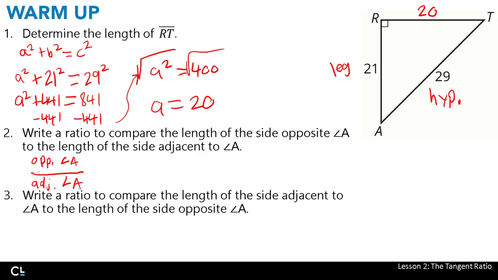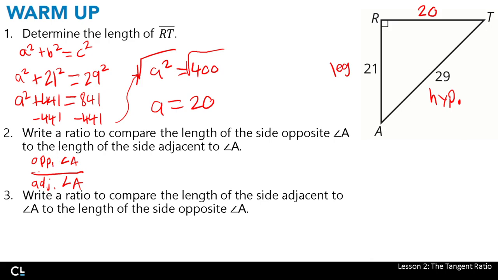Ratios could be written in different ways. Sometimes you'll see them written as a fraction. Sometimes you'll see them written like time, with the two little dots in the middle. There'll be a number, the two little dots, and then another number. That's also a ratio. But most commonly, for this lesson and the next couple lessons, we're going to see it as fractions. If it asks you to write a ratio, think, hey, I need to write a fraction.